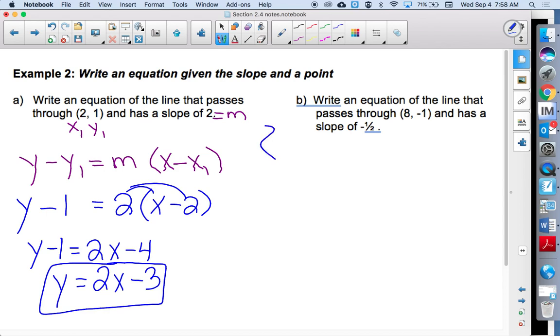Again, you're writing the equation of the line that passes through the point 8, negative 1, and has a slope of negative 1/2. Try and use point slope form.